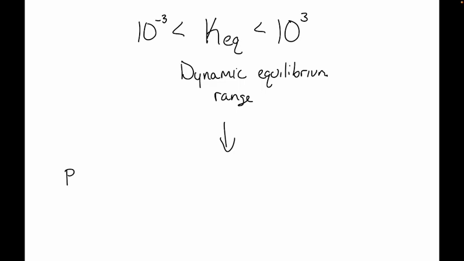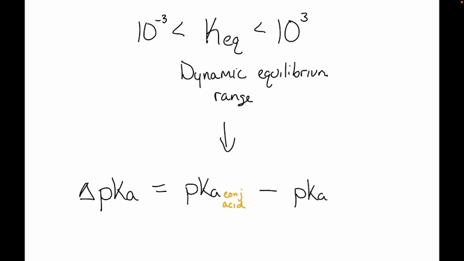So if we translate this into our pKa space, not just the pKa actually, we're going to have to look at the difference between the pKa's of our two acids. The difference between the pKa's we're going to define as the pKa of our conjugate acid minus the pKa of our acid.